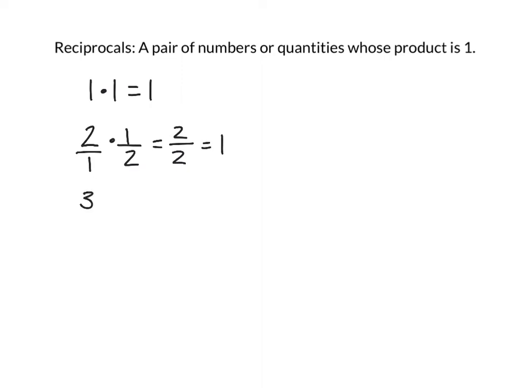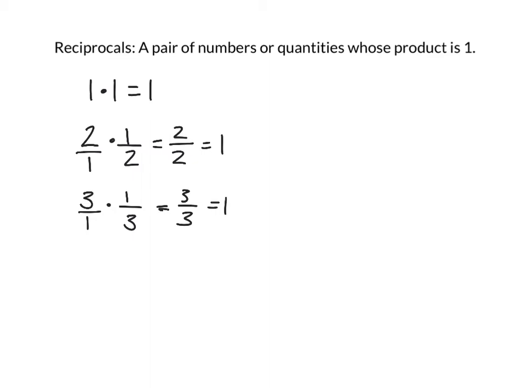Let's look at the number 3. Well, to get 1, when we multiply 3 times something, we multiply it times 1/3. So the reciprocal of 3 is 1/3. I could rewrite 3 as 3 over 1. So 3 over 1 times 1 over 3 equals 3 over 3, which equals 1.